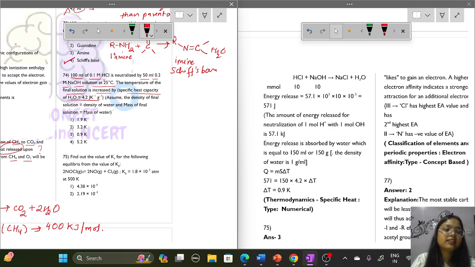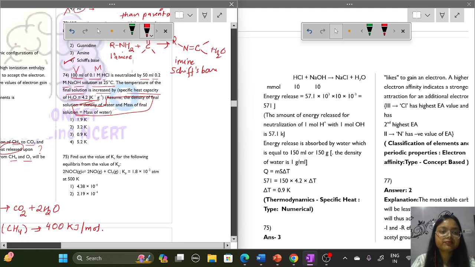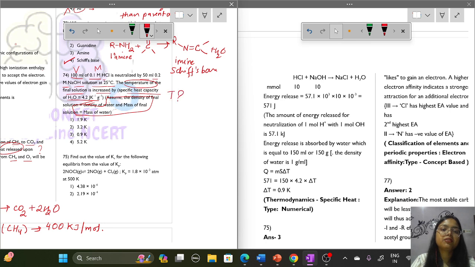Assume that the density of the final solution equals the density of water and the mass of the final solution equals the mass of water. This is the assumption we are given. The volume and molarity of the acid and base are given, and we have to find out the temperature of the final solution.